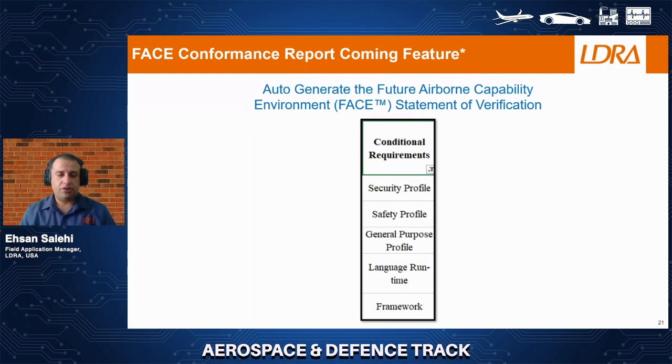So a verification authority can simply see the auto-generated value of the conformance statement and ensure all of the conditional requirements have been fulfilled, by either verifying them and how you are verifying them, or justifying why the user is not using that specific requirement.